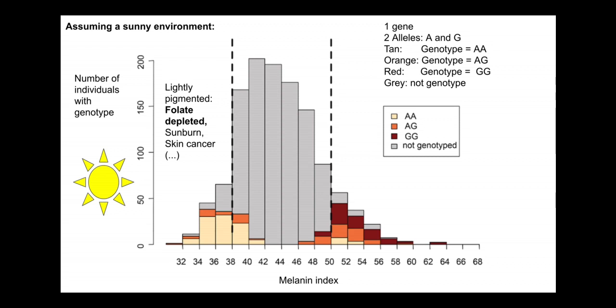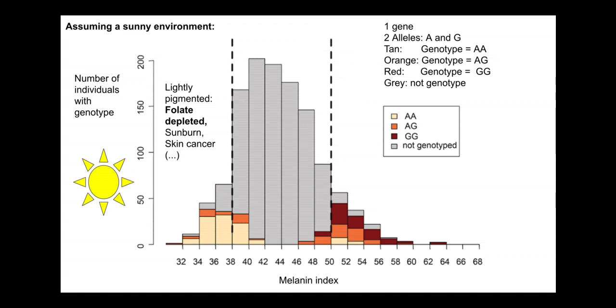First of all, you are depleted in folate. Scientists have learned that melanin is important for the metabolism of folate. So if you are lightly skinned in a sunny environment, you're not able to generate folate, and that is going to impact your fitness.